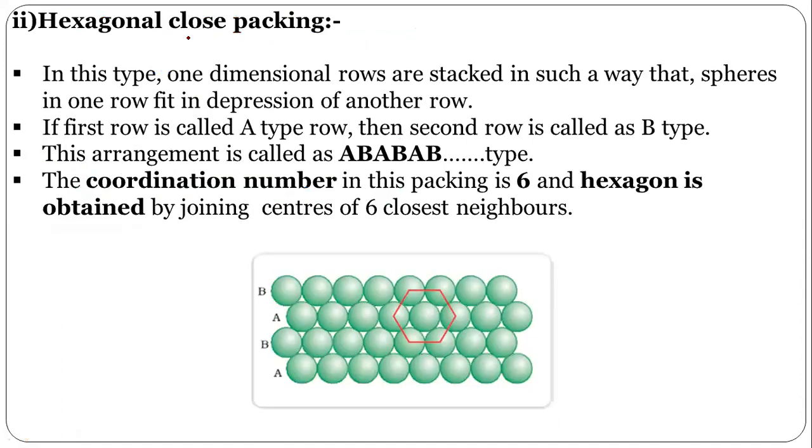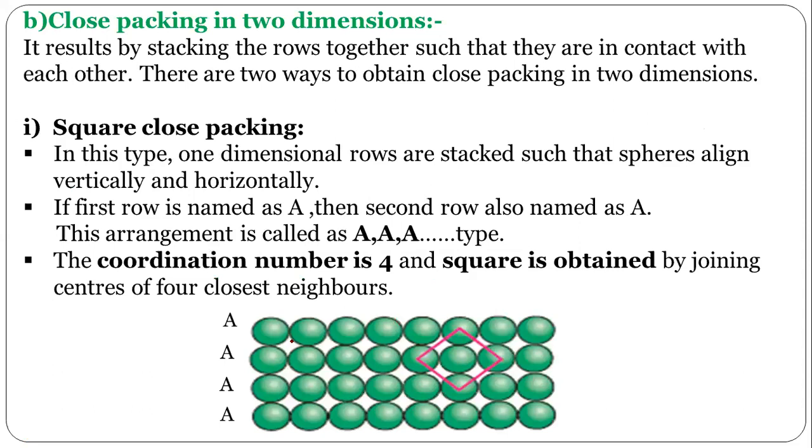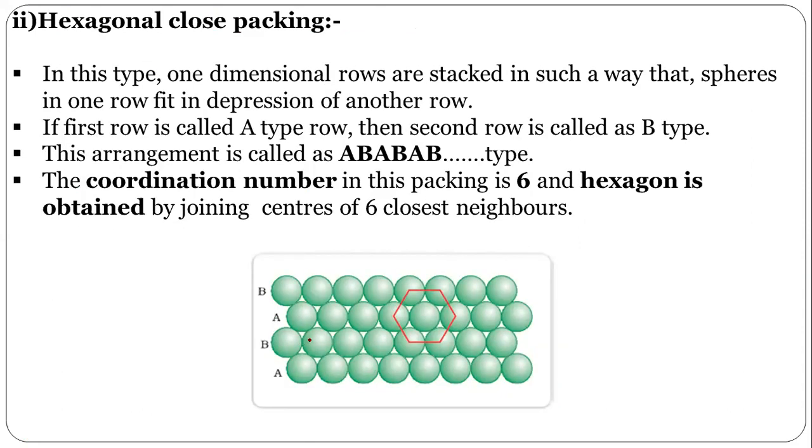Then we also discussed hexagonal close packing. This is an AB type of arrangement, because in the depression of the A layer, a B layer is kept. So the packing is again close packing. See, more space is utilized. See, the empty space is more in the case of square close packing, and this empty space is utilized again in hexagonal close packing.